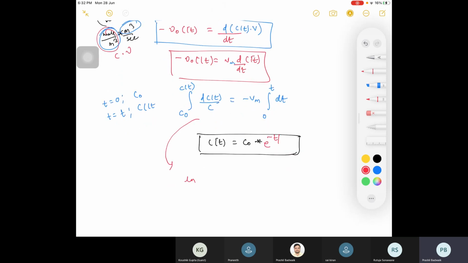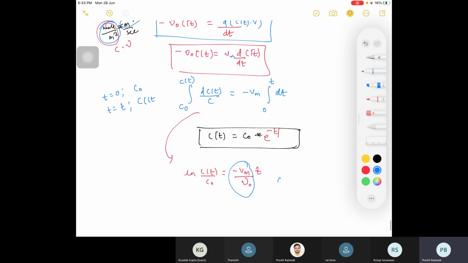You will get ln of C(t) divided by C naught is equal to minus of V divided by your volumetric flow rate nu naught into your t. And you know what V divided by volumetric flow rate is? That is your tau, right? So that is your tau m. So we'll have this equation. Are you getting this?